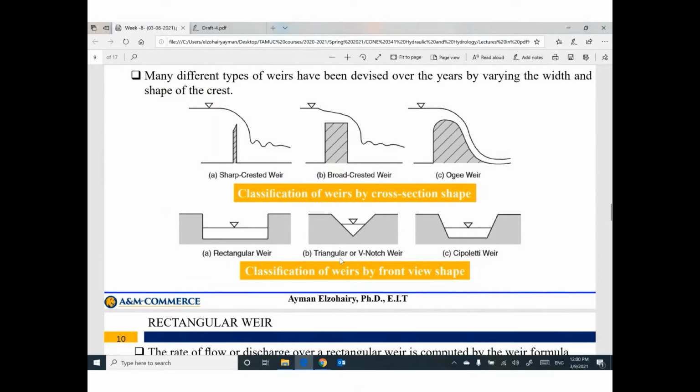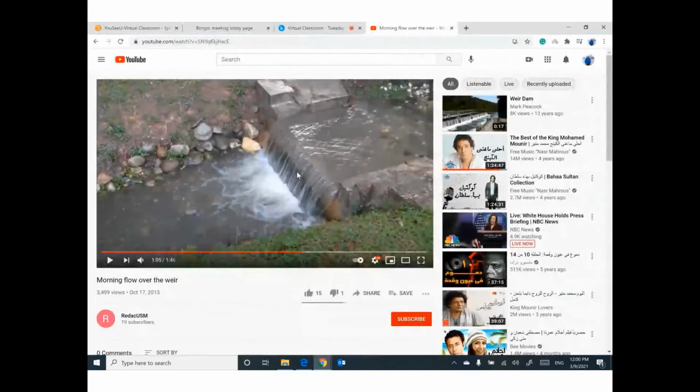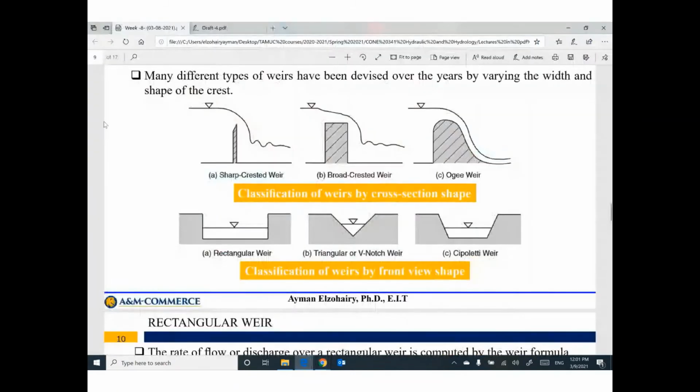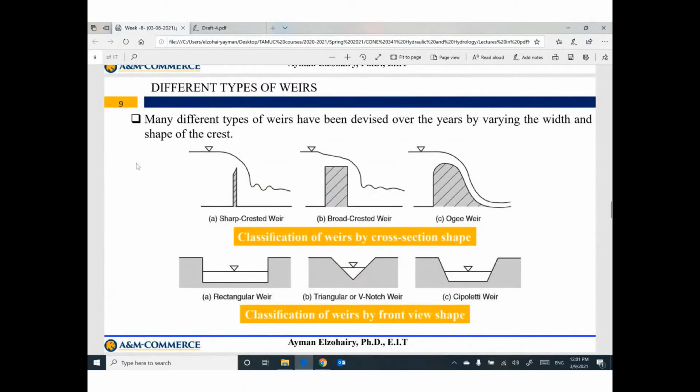Sometimes it's triangular, called a V-notch weir. Sometimes it's a trapezoidal weir, where these sides are sloped. I think this video is showing a rectangular weir. Anyway, this slide just shows you we have different types of weirs based on the shape of the cross section or the front view.